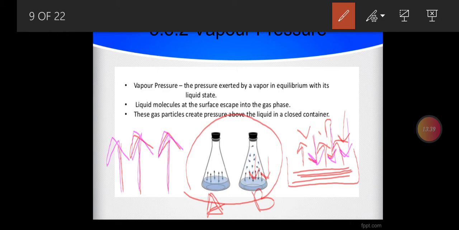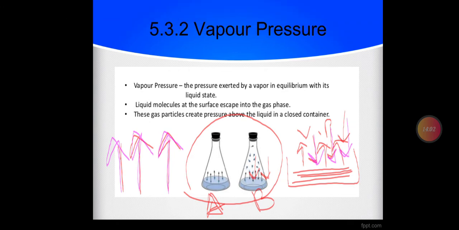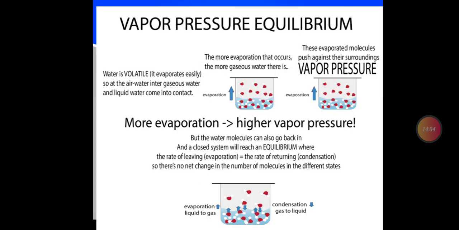So now we have started relating evaporation with the vapors and the vapors with the vapor pressure. All of them are directly related. The more the rate of evaporation, the more vapors there are, and the more vapors there are, the more vapor pressure is exerted. This is an illustration of what we have just talked about.